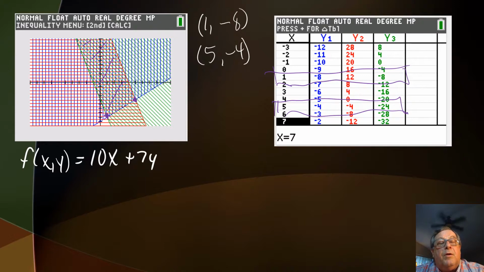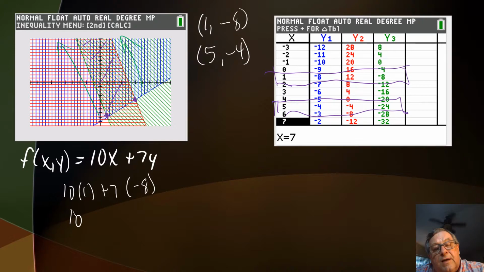Now, looking at what's unbounded, I can see that it's headed up this way. So I already know that I'm not going to have a maximum, I'm just going to have a minimum, but let's find out which one it is. I've got 10 times 1 plus 7 times negative 8. 10 times 1 is 10, and 7 times negative 8 is negative 56, and 10 minus 56 is negative 46.